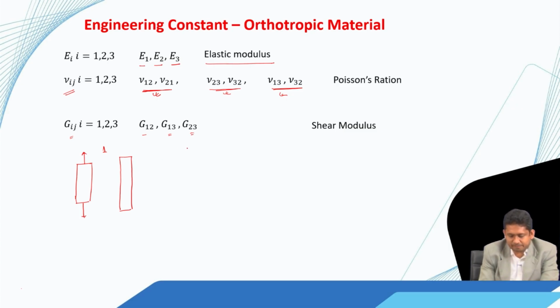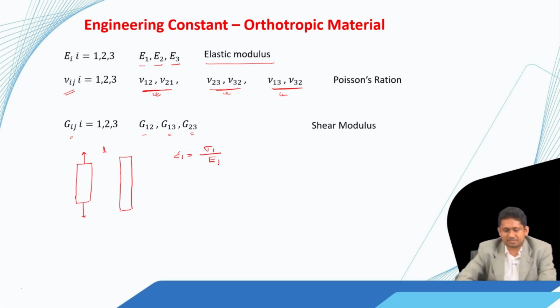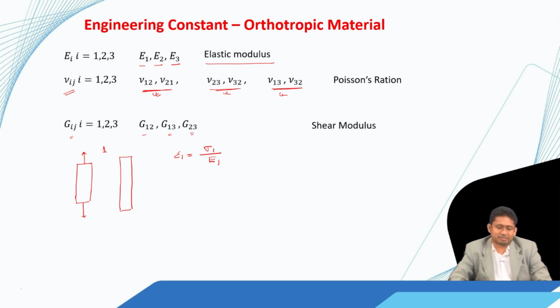If I write the relation here, the strain caused in direction 1, epsilon 1, is nothing but sigma 1 divided by E1, that means normal stress along direction 1 divided by elastic modulus along direction 1.